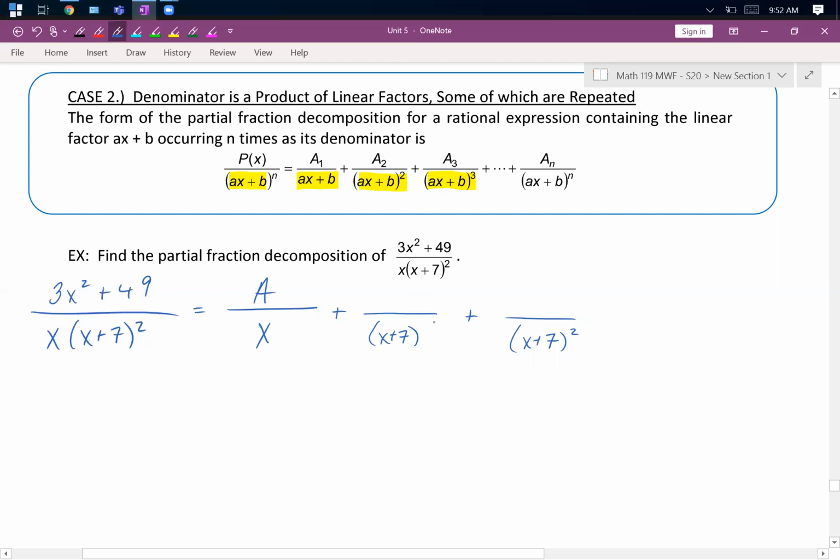Not taking into consideration that it's repeating, all these factors in the denominator are linear, so all of the numerators have to be constant. So don't get thrown off, because I know technically this denominator is quadratic because we're squaring it, but the factor in the denominator is linear, and that's what we're going off of. One less degree than what the factor is, not the outer exponent.